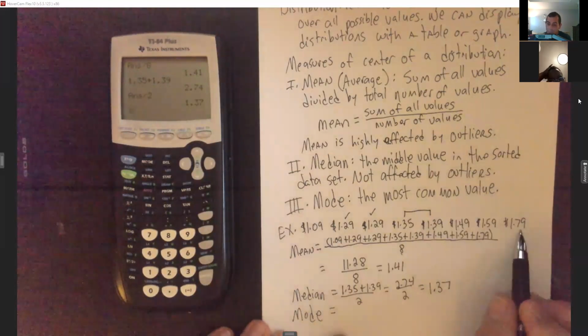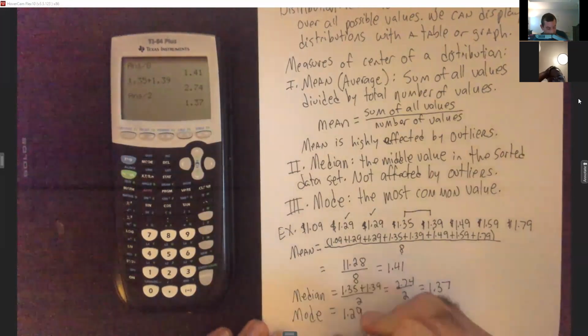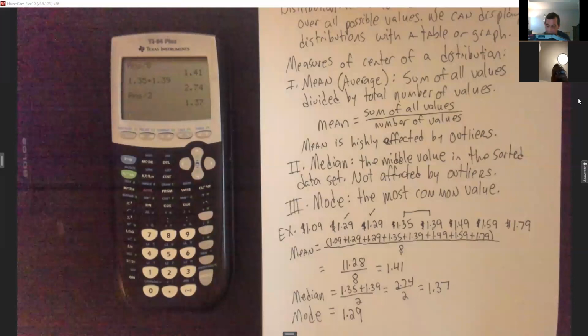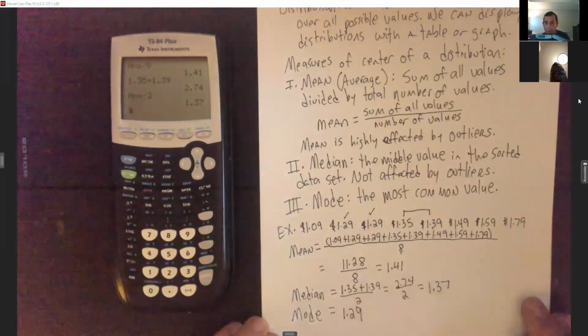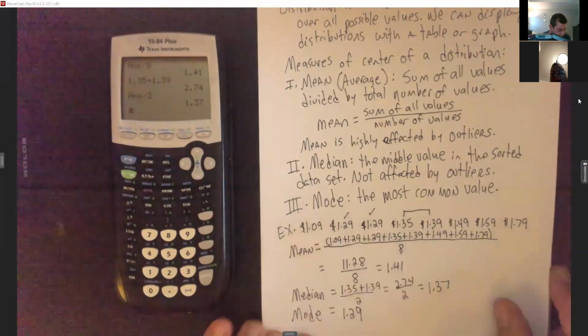So the mode would be the $1.29 since it happened more than one time. Okay, so that is finding the mean, median, and mode of a distribution of prices.